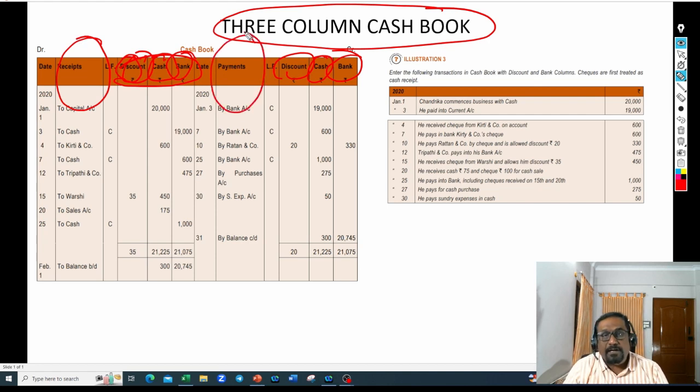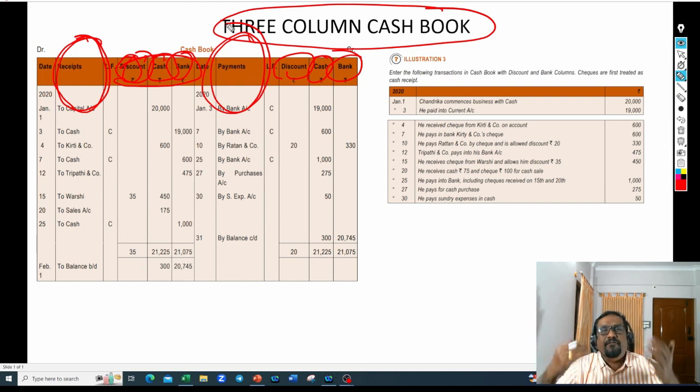This is what I explained when I was explaining two column cash book. Similarly in three column cash book as well, debit side is receipt side and credit side is payment side. This is the blind approach again. Blindly, if you want to remember, debit side is receipt side, credit side is payment side.